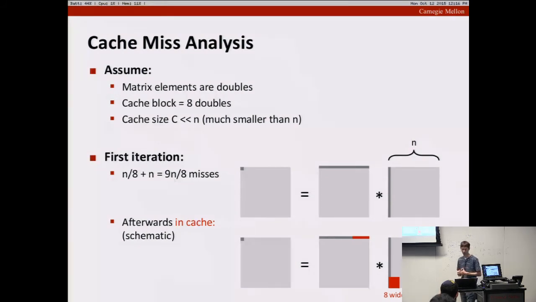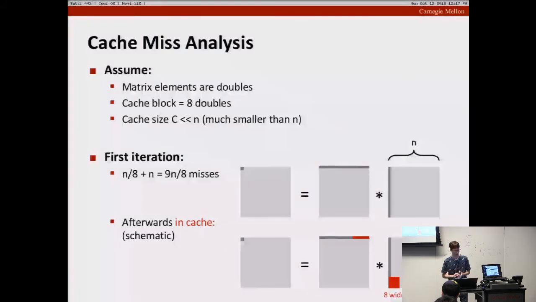And so afterwards in the cache, what do we have loaded up? We have the last 8 elements of the first matrix in our cache. And we have this 8 by 8 block from these 8 rows that we loaded up, and then the stuff over here that we didn't use, going 8 wide. So does everyone see how we get that in our cache when we're done? No?